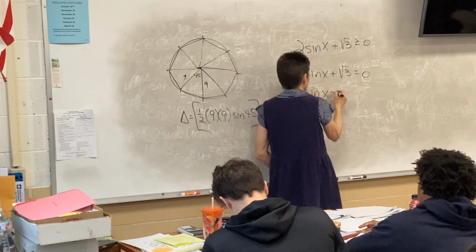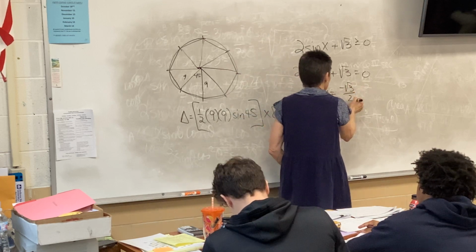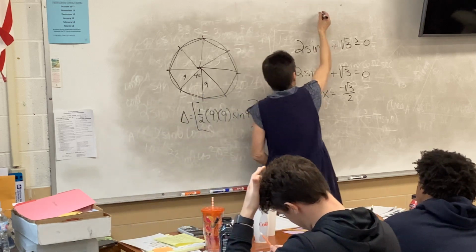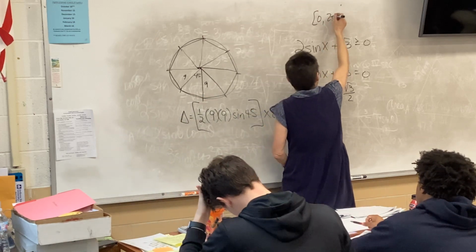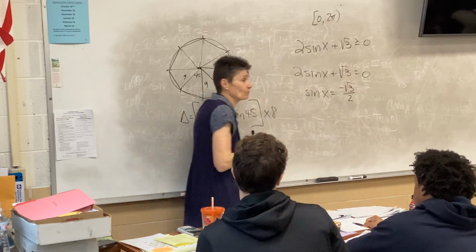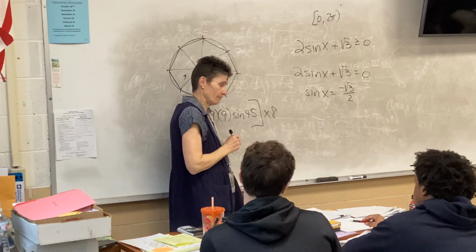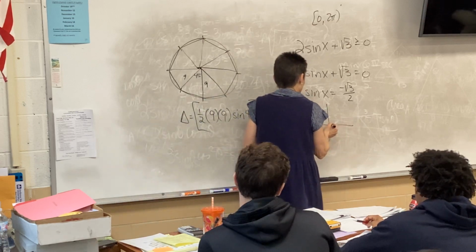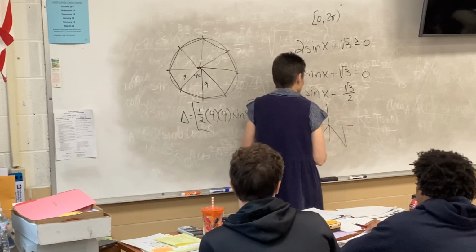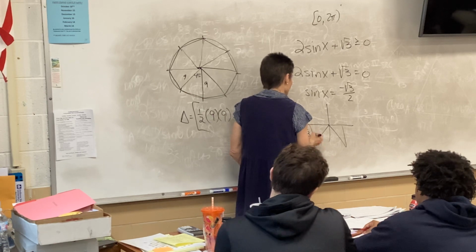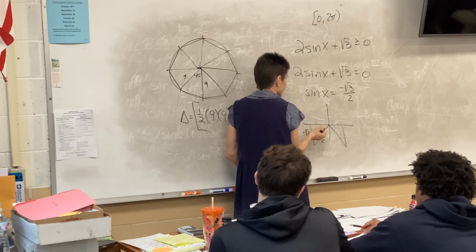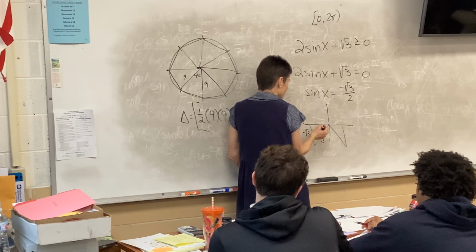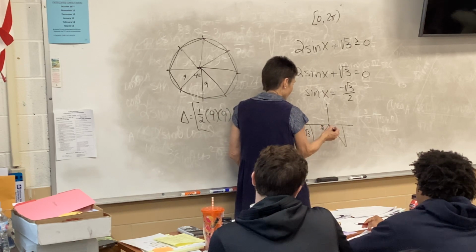Well, I just figure out where is the sine negative root 3 over 2 in radians. So where is the sine negative root 3 over 2? Well, where's the sine negative? Quadrants 3 and 4. And root 3 over 2, how big is that reference angle? 60, which is pi over 3.